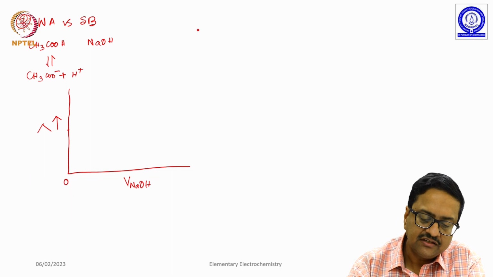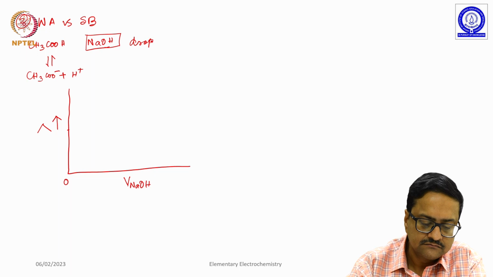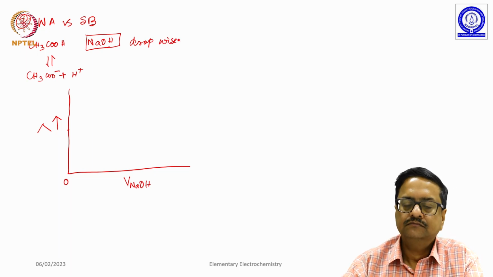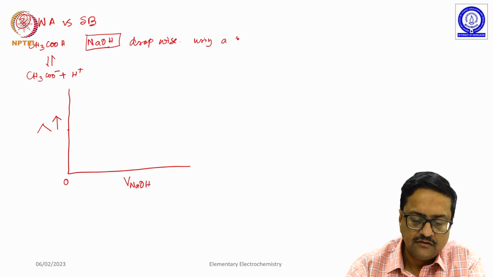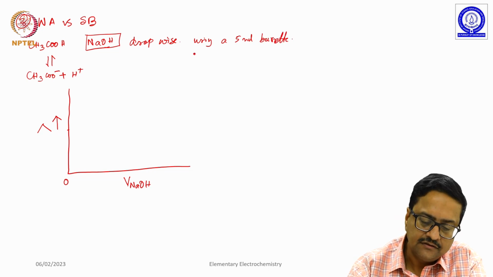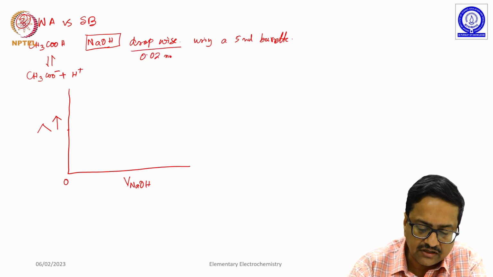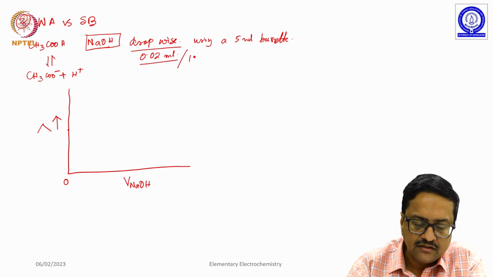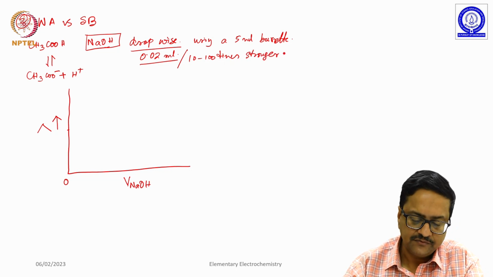So now what is happening is, when I am adding NaOH dropwise, that is using a 5 ml burette, and adding a drop means 0.02 ml of a solution, which is again 10 to 100 times stronger than acetic acid.